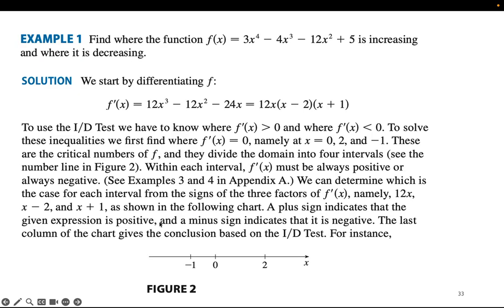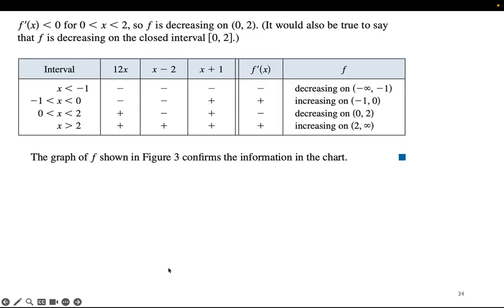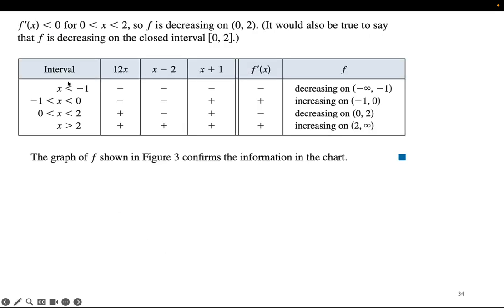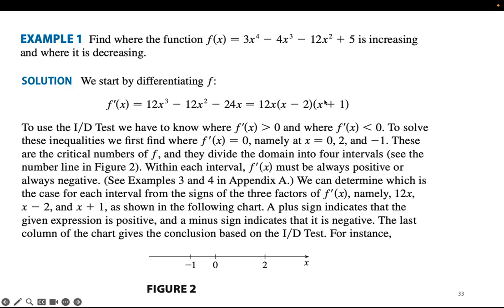so let's actually go back here. So if you pick a point that is, say on the left side of -1, say -5 or something, and you plug it into each of these terms, notice we're going to plug into the factored form right here. All you care about is whether it's positive or negative.